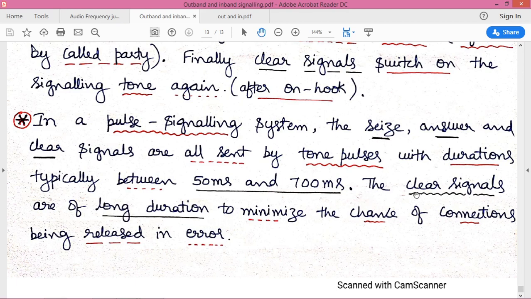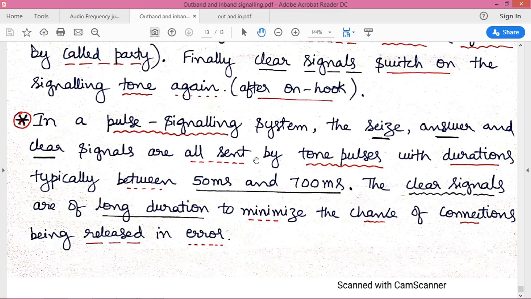Generally the clear signals are of long duration in order to minimize the chance of a connection being released in error. Because if this clear signal goes for a smaller duration, then the call will be terminated easily and that results in error. That is what the pulse signaling system is.